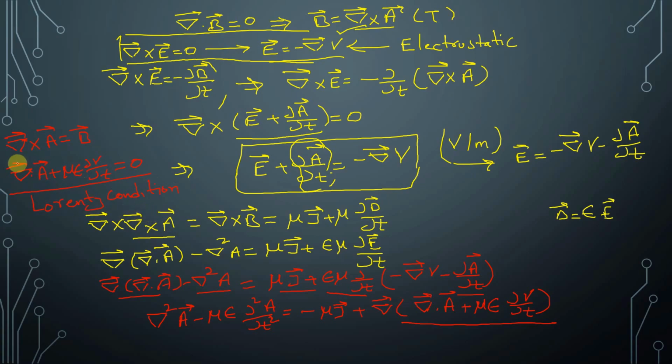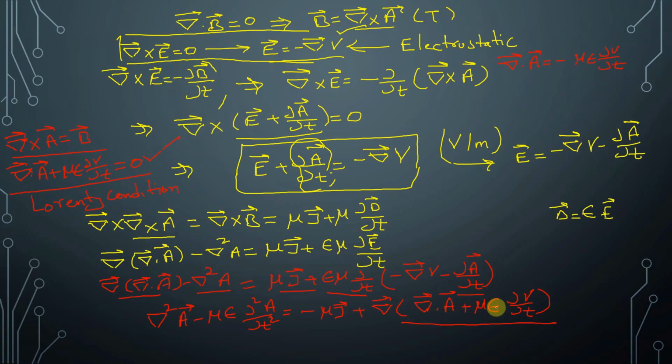Since A is a vector, we have to define both the curl as well as the divergence of A. So we are free to choose the divergence. For simplicity, we assume that del dot A is equal to minus mu epsilon curl V upon curl T. Taking it to the left hand side, that condition is the Lorentz condition.